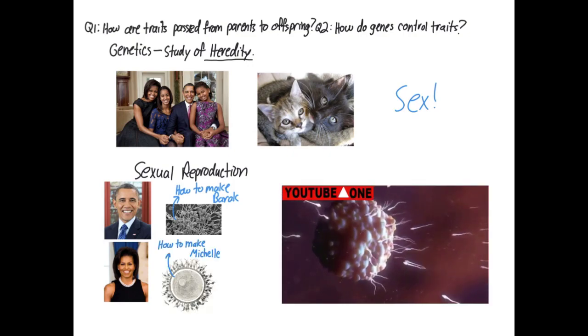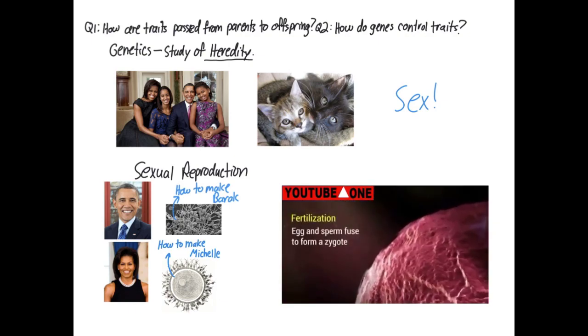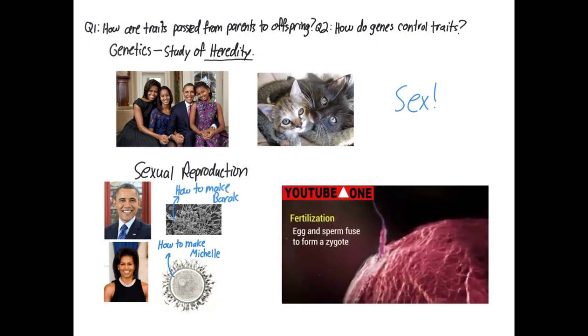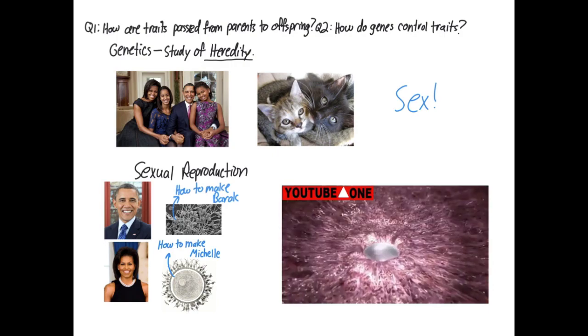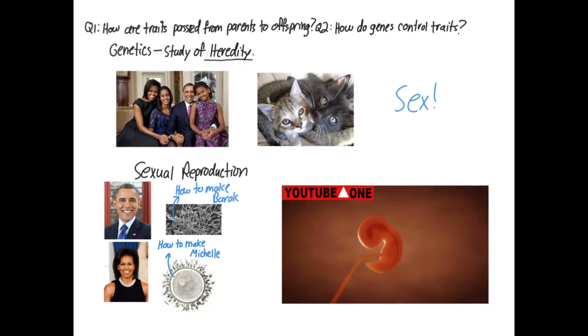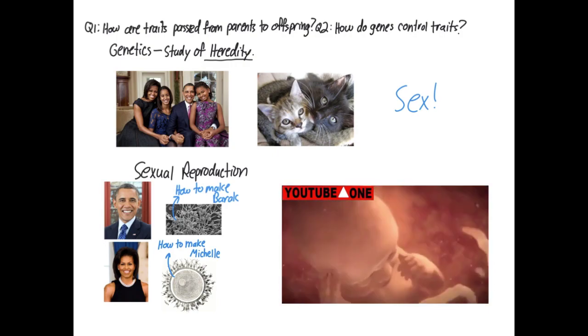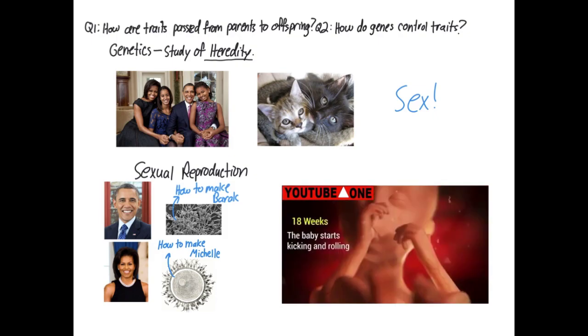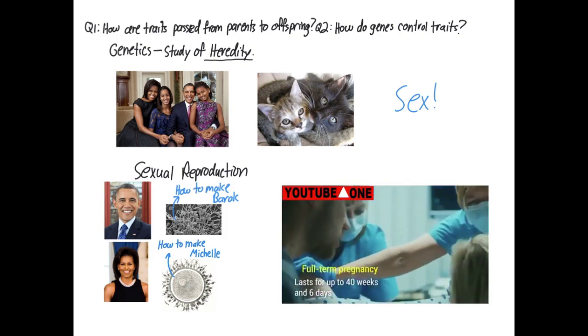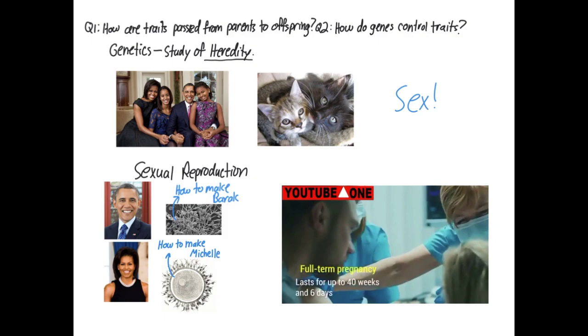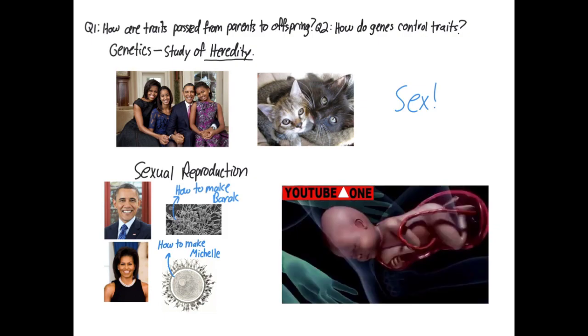The sperm and the egg fuse through a process called fertilization and form a zygote, which then grows into an embryo and eventually a fetus. And then, of course, is born as a child. And I think this begs the question, what form do these instructions for how to make a person take? They take the form of genes.